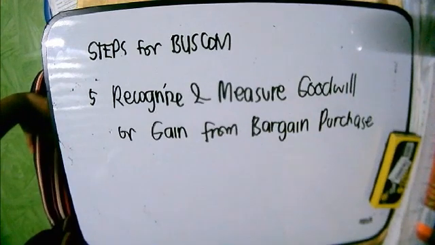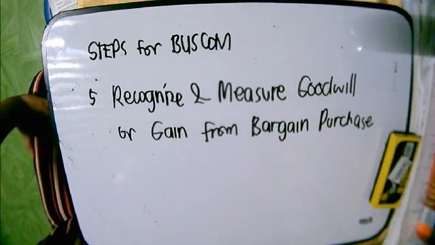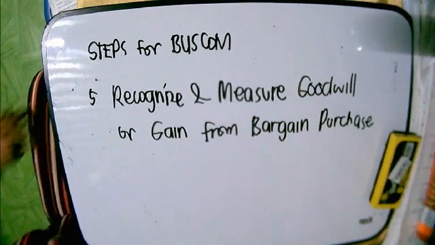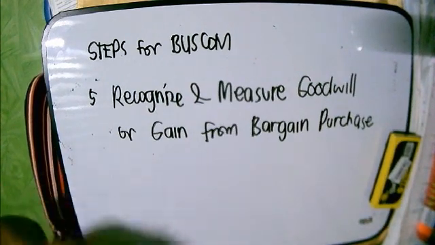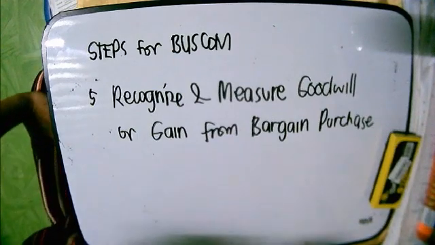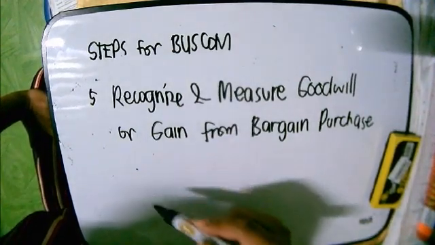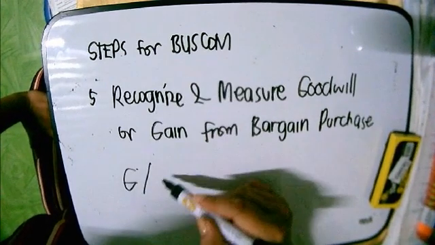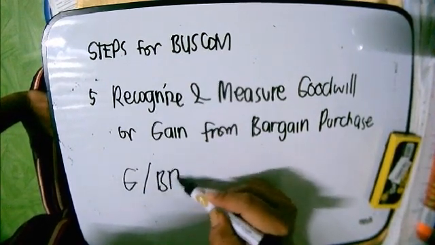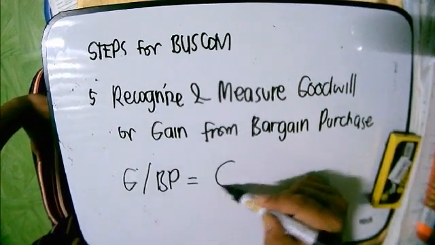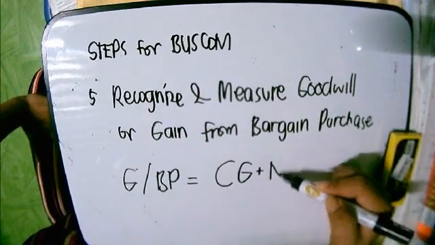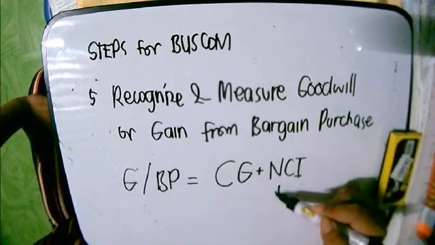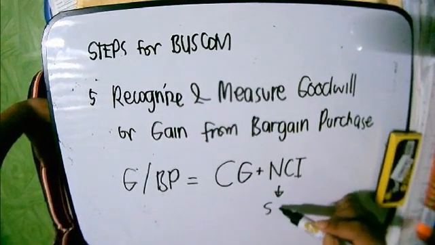So last step for business combination is recognition and measurement of goodwill or gain from bargain purchase. So paano natin ma-recognize and ma-measure si goodwill or kung nagkaroon ng gain from bargain purchase? Now, goodwill or bargain purchase is equal to consideration given plus NCI in case of stock acquisition.